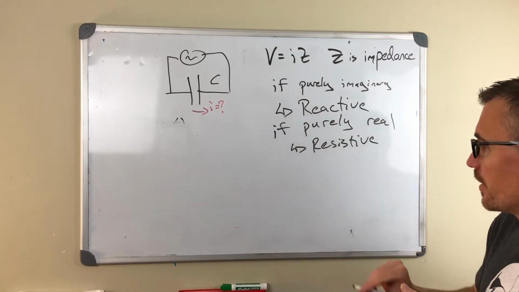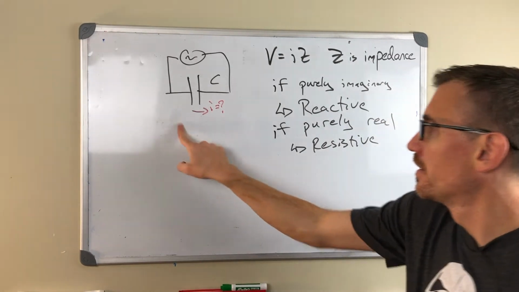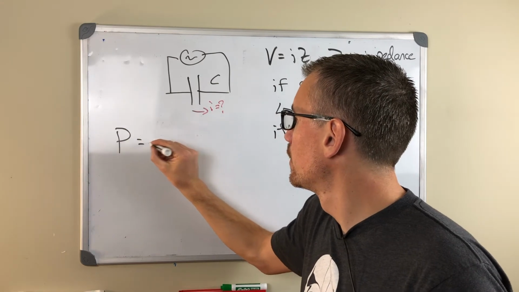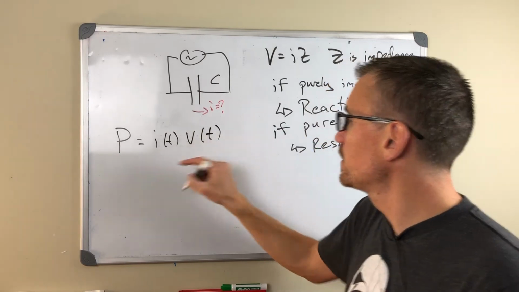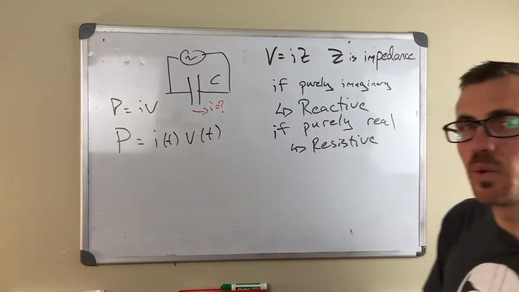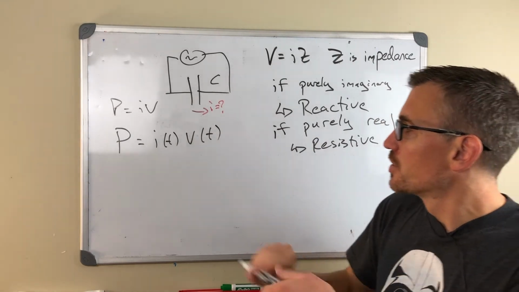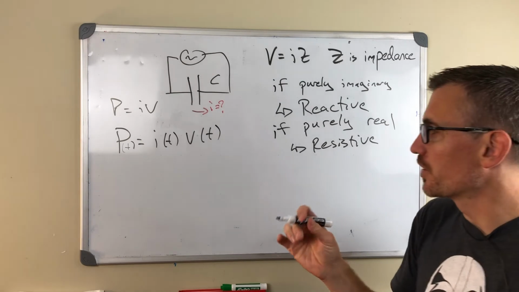If the current is in phase with the voltage, remember we had this formula for the power: P is equal to IV. Now it's a bit weird when the current and voltage are changing with time. So we have what's called the instantaneous power, which is the power over a very short interval.